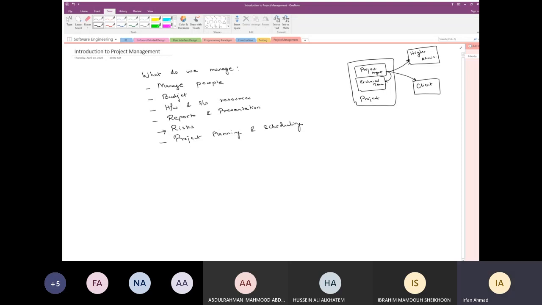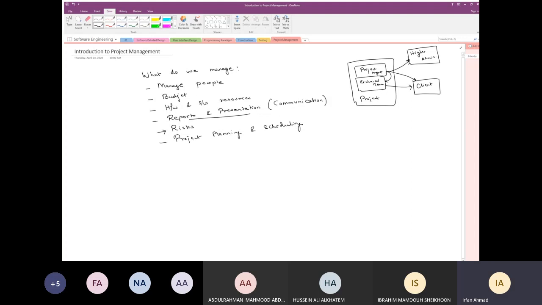Of course, while communicating with the client, the technical team is also involved many times, right? So if you're doing requirements engineering, for example, you are involved in gathering requirements, or there are meetings where you have to explain technical stuff. So the technical team is involved with the project management team, but the project management team has to communicate with everyone. So a lot of that is also where we say reports and presentation, which can be generalized as communication.